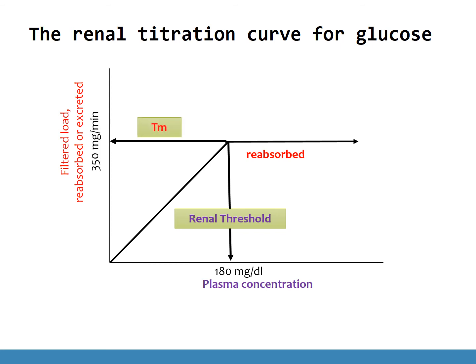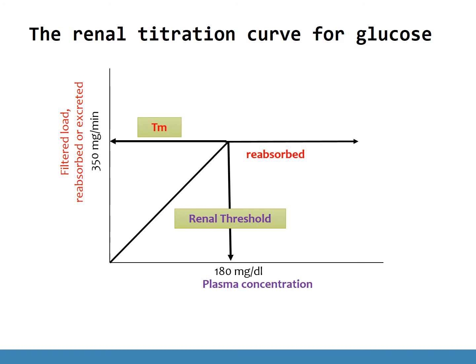All right. So now there are two terms here. Just let me clarify these two terms because there is some confusion in these. Renal threshold refers to the plasma concentration of glucose, and the tubular maximum or the transport maximum for glucose refers to the amount that is being filtered into the Bowman's capsule per minute.